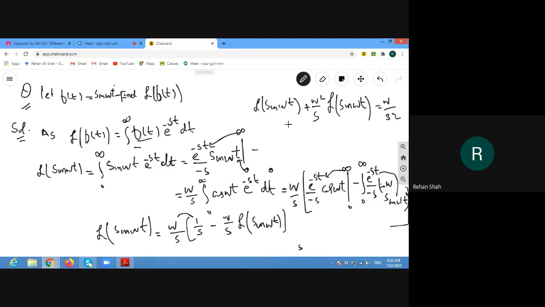So if you take common this Laplace of sine omega t from these two terms, you will get 1 plus omega square by s square, times Laplace of sine omega t, equal to omega by s square.